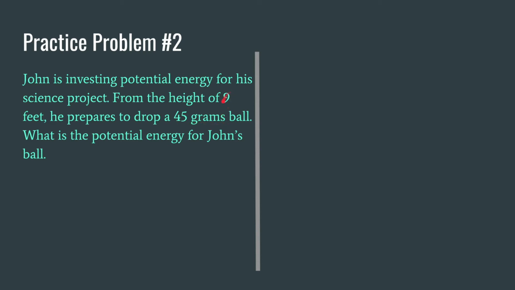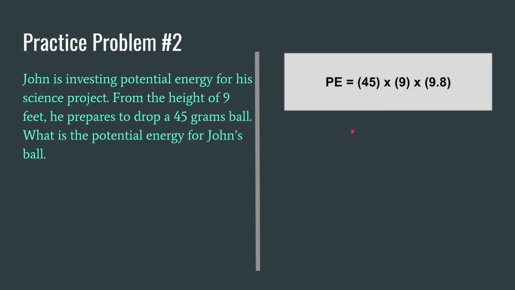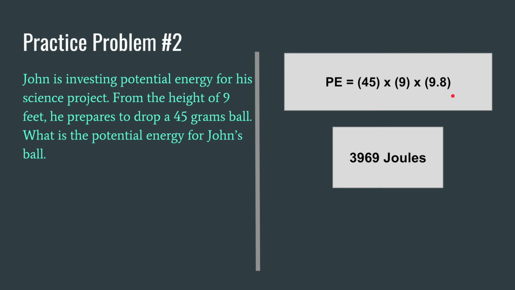So we got our mass and the height here. Now we just have to plug in the acceleration due to gravitational force. So 45 is our mass, 9 feet is our height, and 9.8 is the acceleration due to gravity. Your answer should have been 3969 joules.